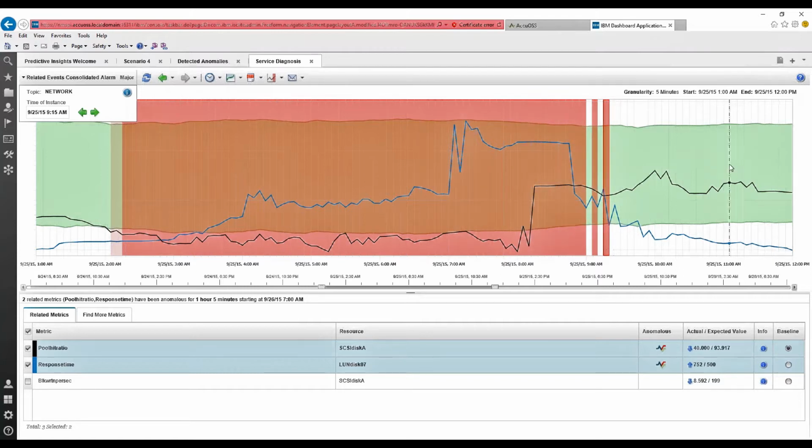In this particular case, I think the root cause might have been a misconfiguration on an HBA, and they corrected it on the SAN side and fixed the anomalous behavior.